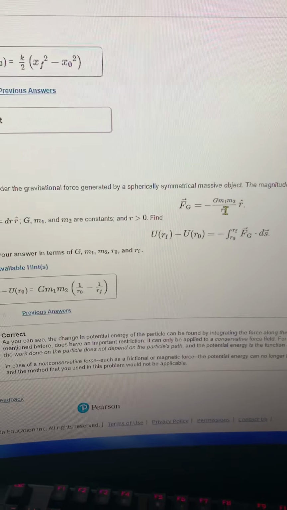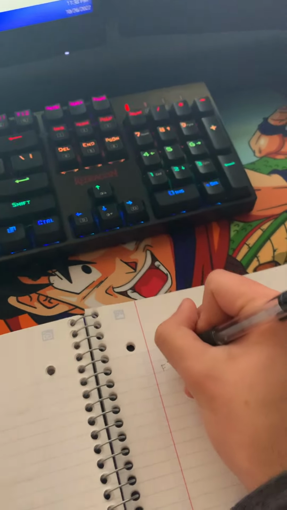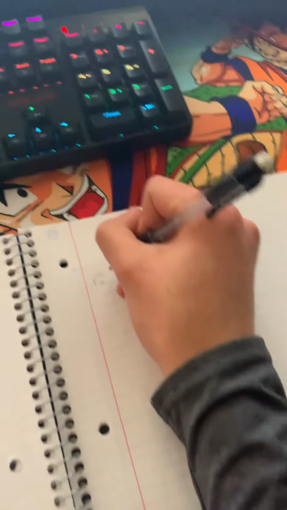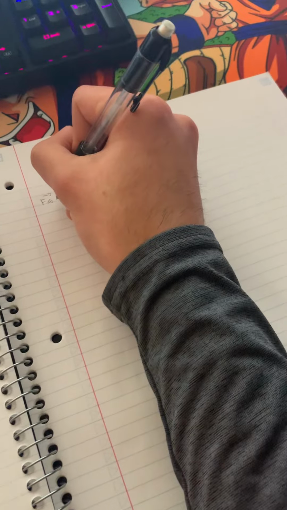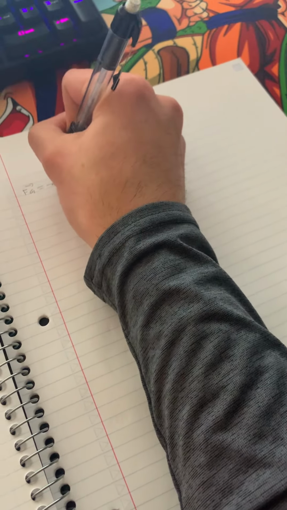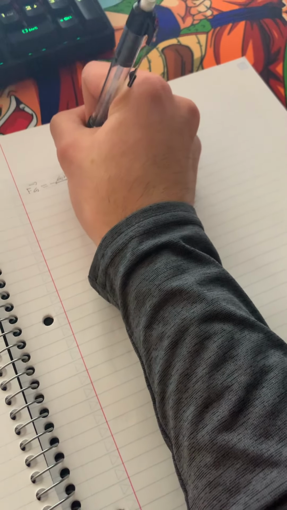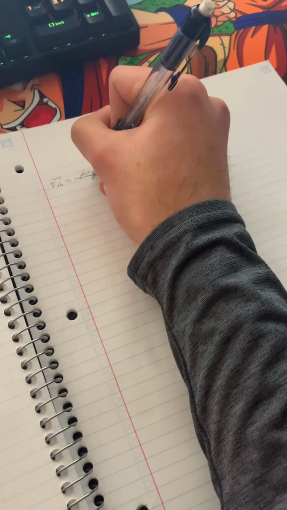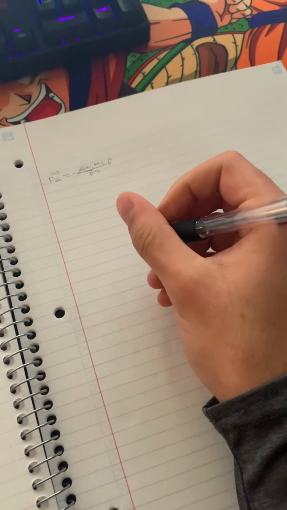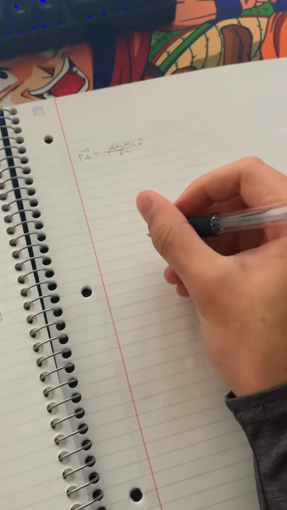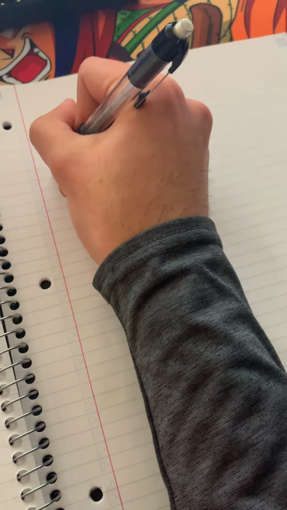So we're going to use this equation again. Square. We're going to solve.